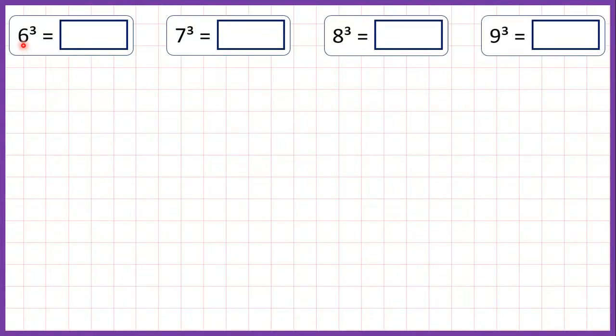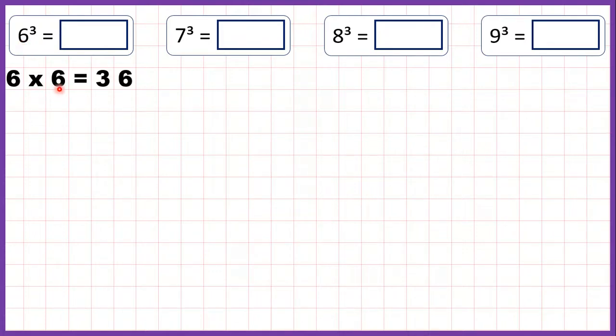So for this first question, we have 6 and a little 3, which we read as 6 cubed. Now this 3 means multiply the number by itself and then multiply it by itself again. So 6 cubed means 6 times 6 times 6.